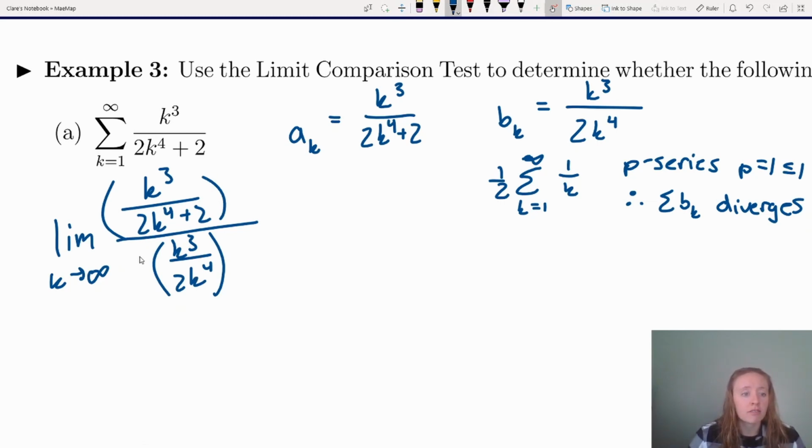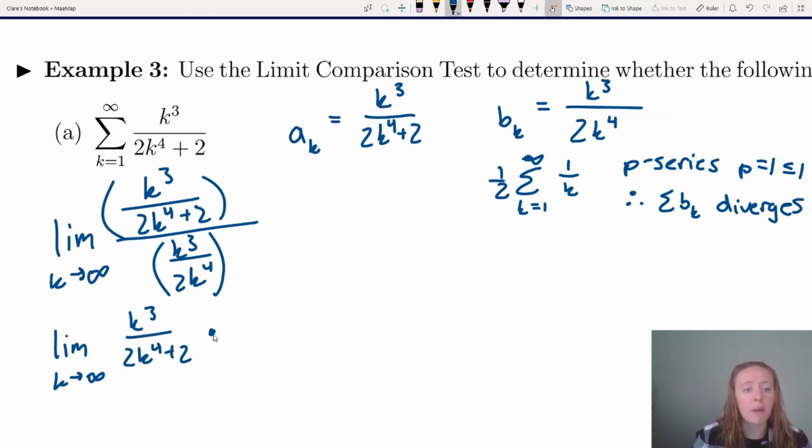Rewriting this, some of you like to say keep, change, flip. I like to say when dividing by a fraction, we're just simply going to multiply by the reciprocal. So the limit as k goes to infinity of k cubed over 2k to the 4th plus 2 times, flipping that fraction, 2k to the 4th over k cubed.